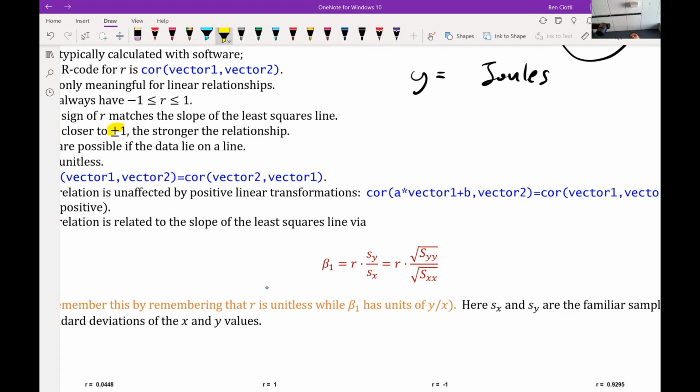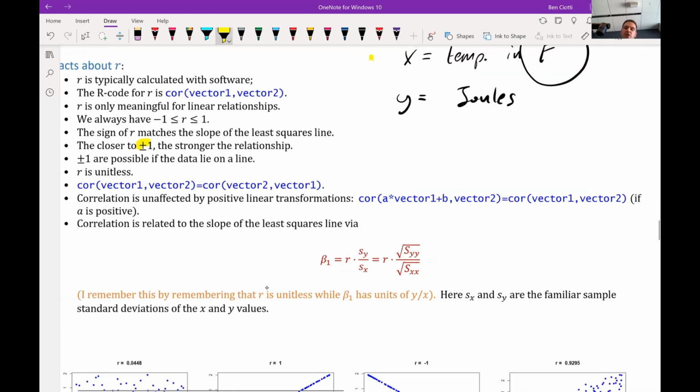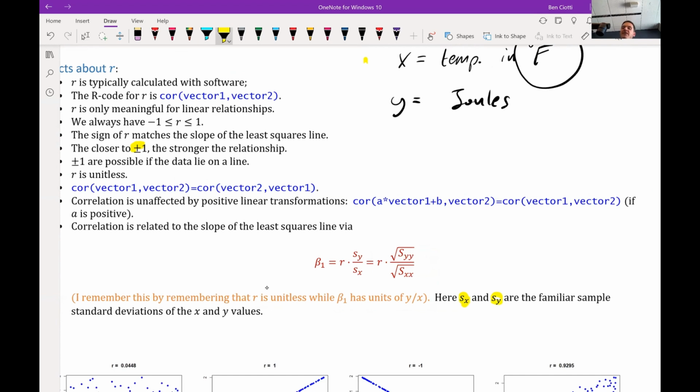Again, I apologize for the notation here. So here I'm using lowercase s sub x and lowercase s sub y. These are the familiar sample standard deviations that we learned about at the very beginning of this course. Don't confuse them. They aren't quite the same as capital S sub xx. They're related, but they're not quite the same.